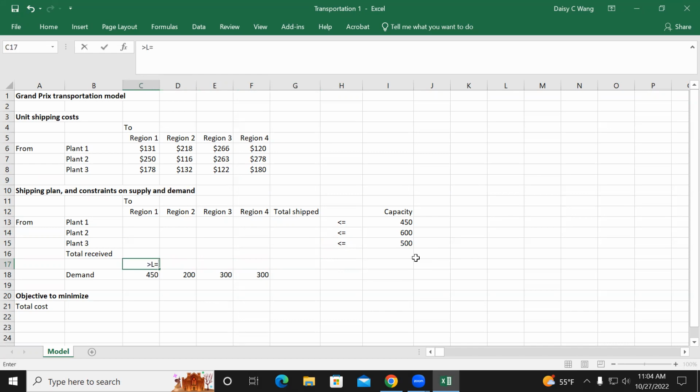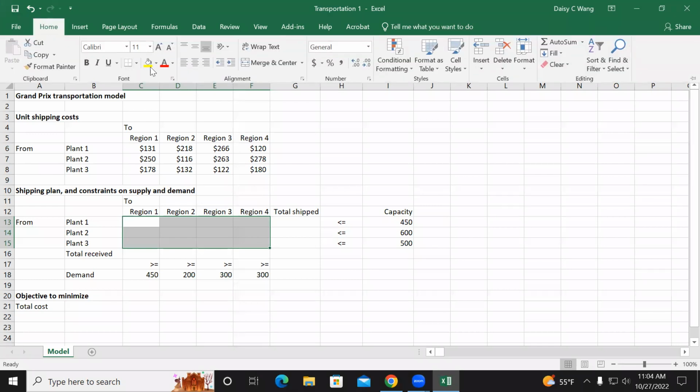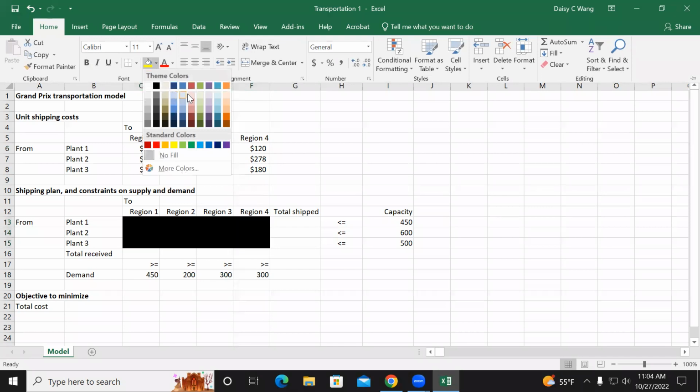So this will be our demand. And then this will be the XYZs, the unknowns, the decision variables, that the computer figures out.